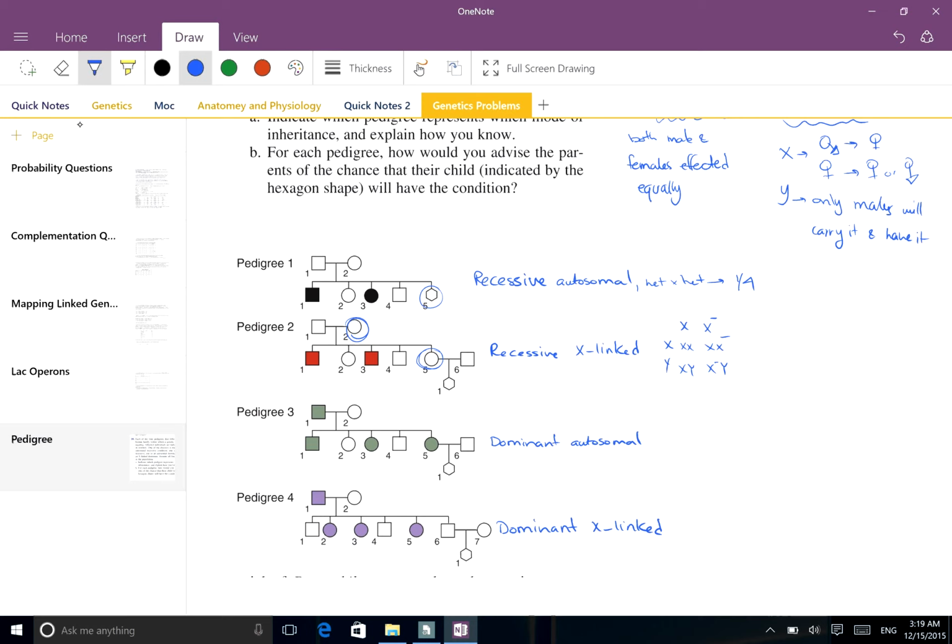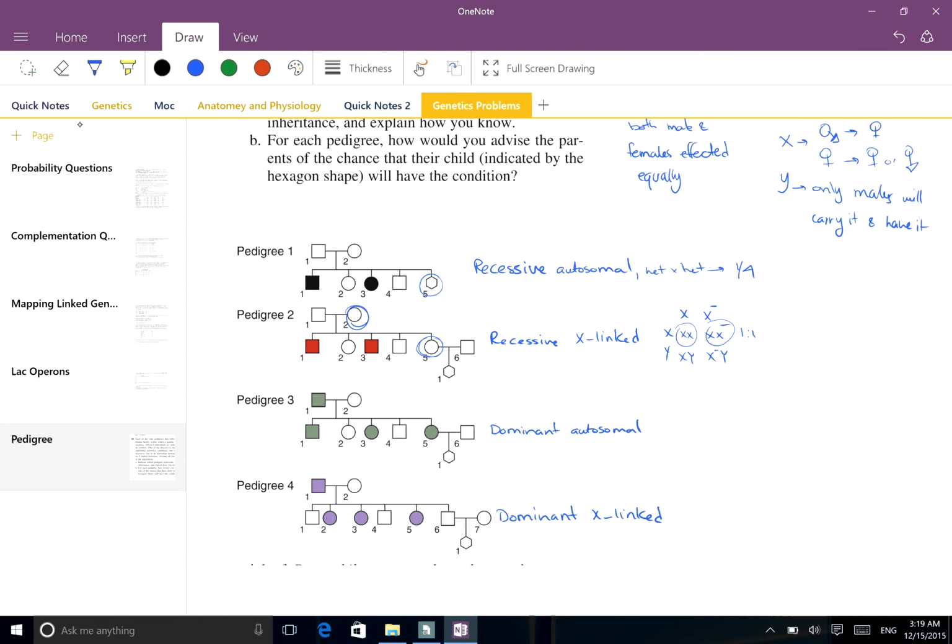So the possibility of the daughter either being normal or a carrier is 1 to 1. She could either be normal or she could be a carrier. If she's just like her mom and she's a carrier, she could have a son that has the disease.